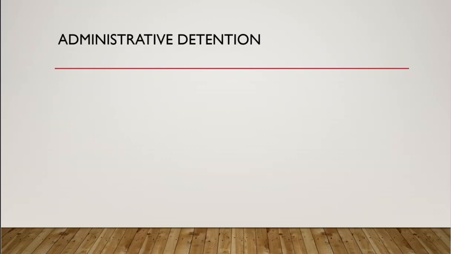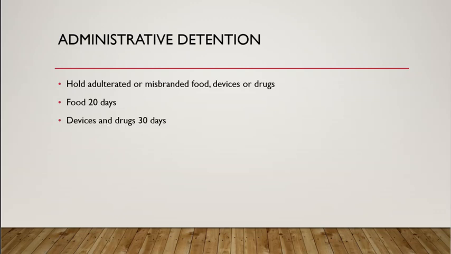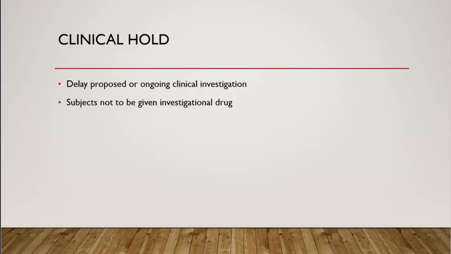There's an administrative detention where the FDA can hold, at least temporarily, adulterated or misbranded food, devices, or drugs. In the case of food, it can be 20 days. For devices and drugs, for 30 days. There is a clinical hold having to do with clinical investigations.